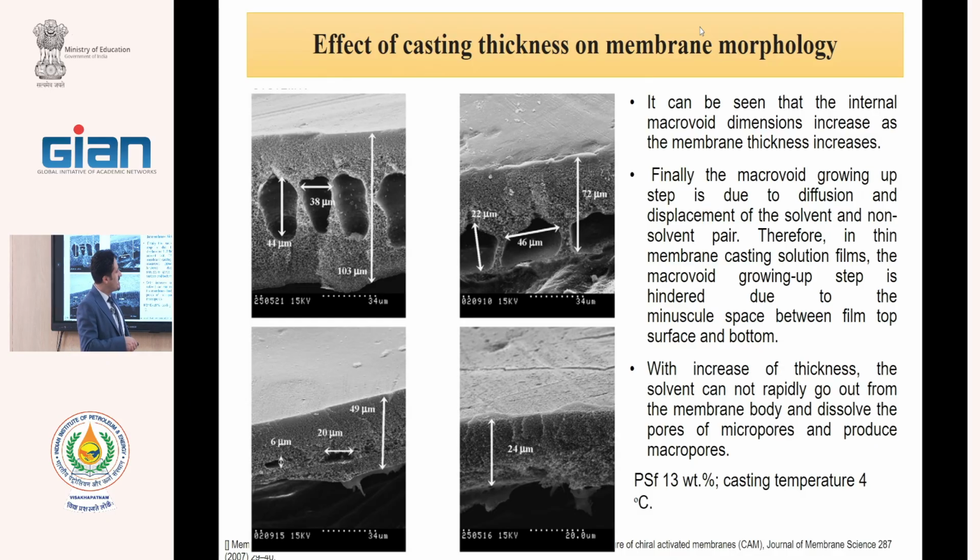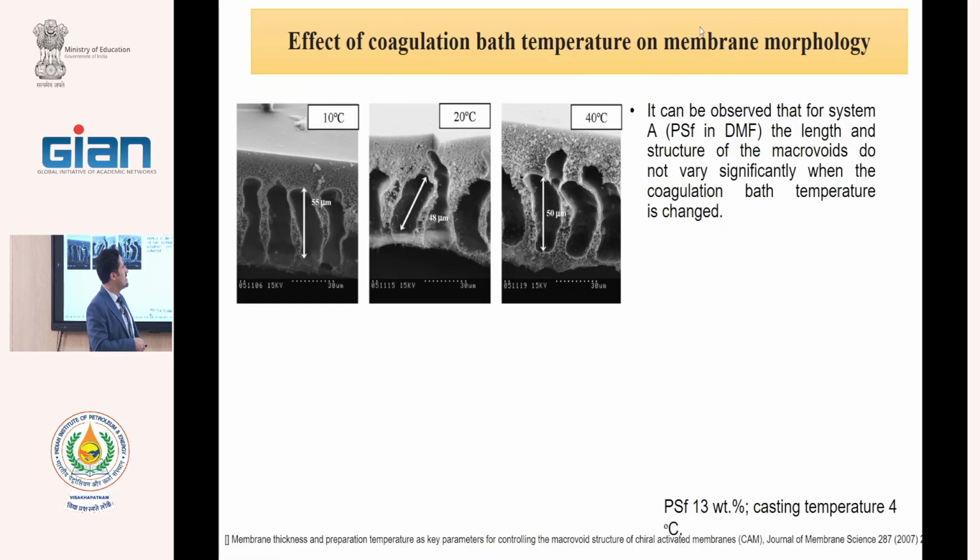When we cast the membrane with a lower casting thickness, we obtain a spongy structure. But with an increase of the membrane thickness, we can produce macrovoids. Therefore, the thickness of the casting can also influence the membrane structure.